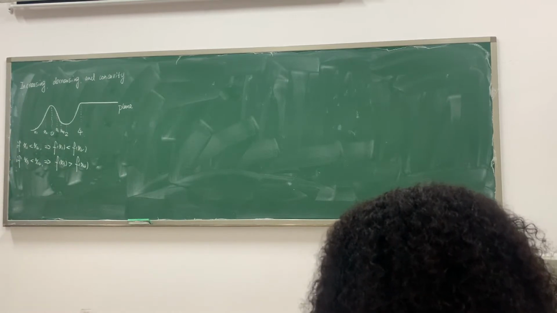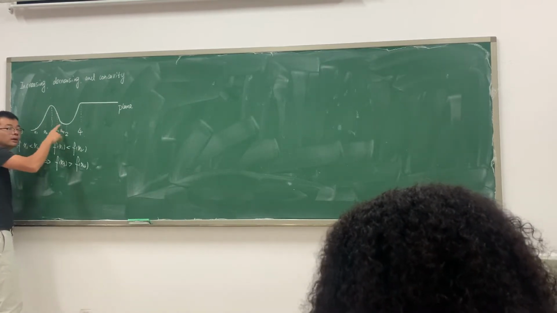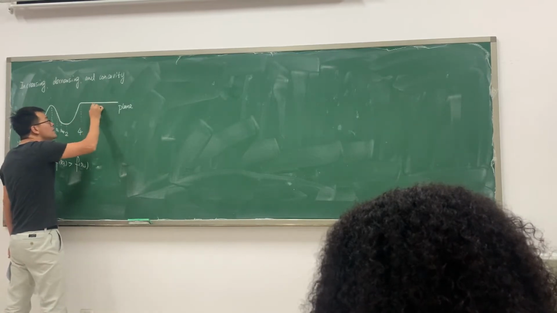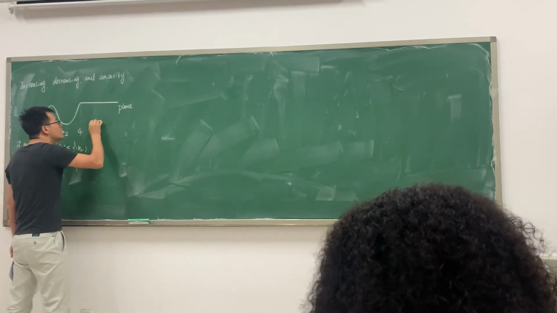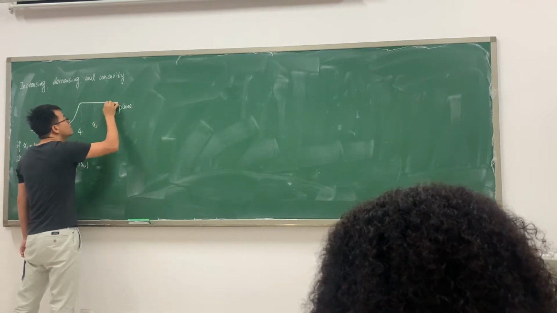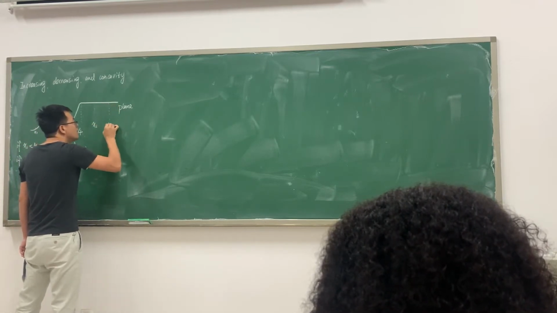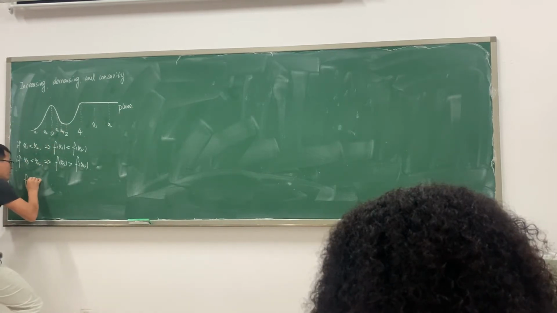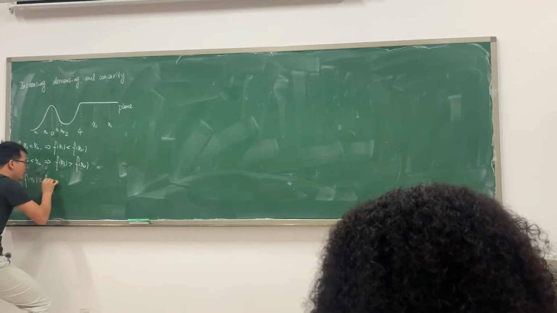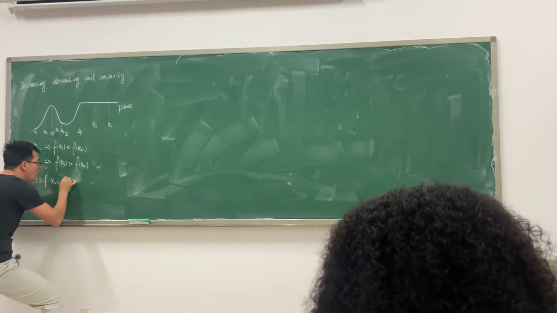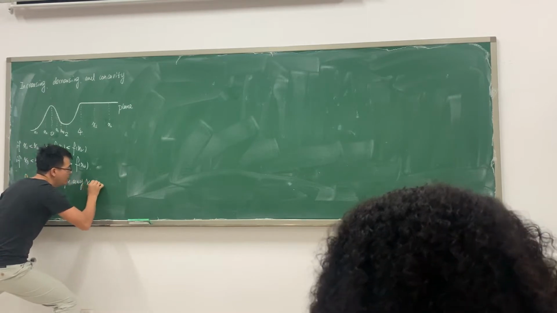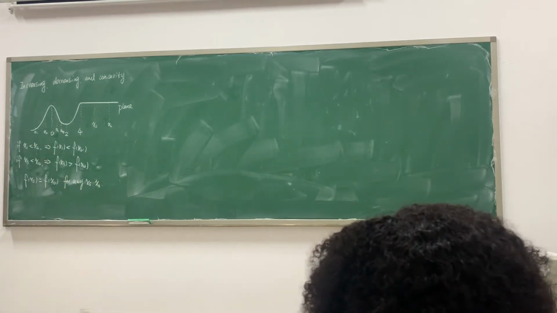In this decreasing part, okay? And in this constant part, for example, here is x5, here is x6. So here means f(x5) equals f(x6) for any x5 and x6.